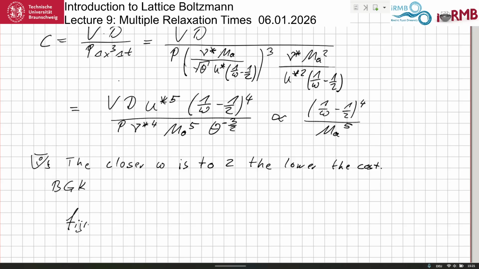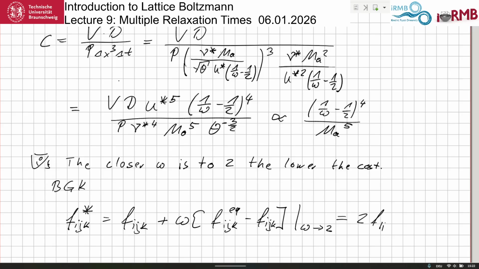Say in 3 dimensions, we have the post-collision population is the pre-collision population plus our relaxation parameter times f_ijk equilibrium minus f_ijk before the collision, and now we want to have omega going to 2, and this would be f_ijk equilibrium minus f_ijk.